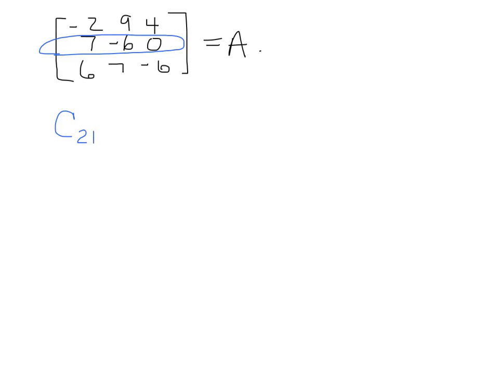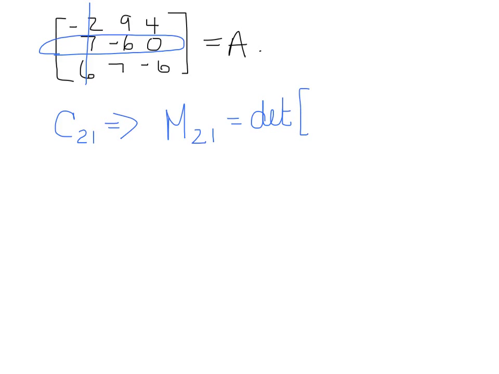Okay, so using the second row, now I'll start with the first column. So I'll be eliminating that second row, and for the first one I'll be eliminating the first column. So I have to find, let me find M21 first. It's going to be the determinant of the matrix that's left.